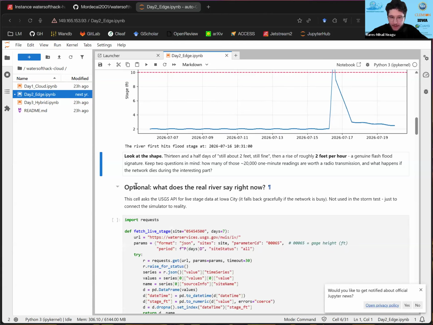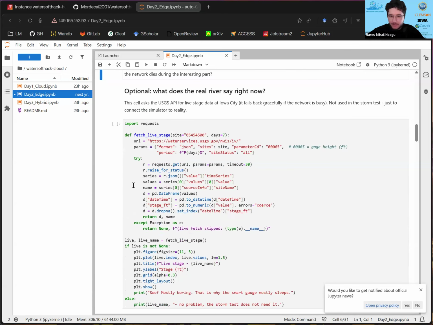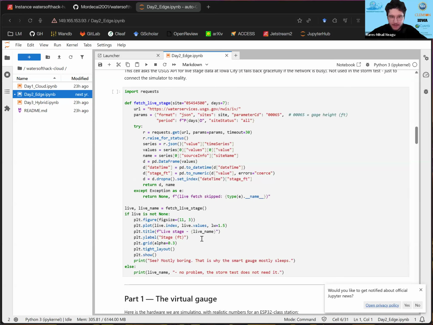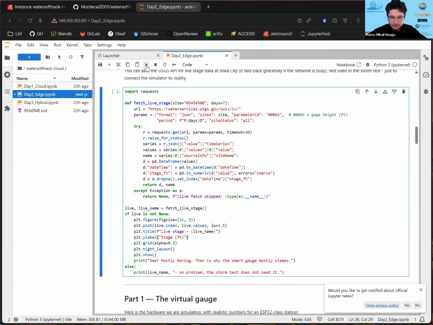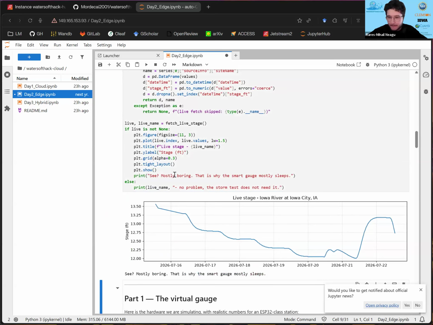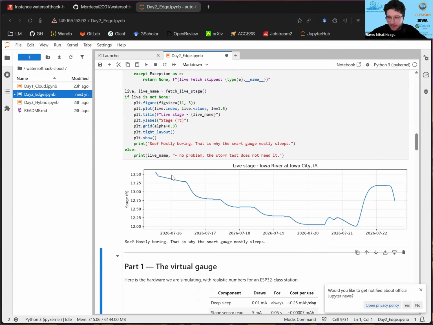All right. So now let's try to fetch again live data from the USGS API, and we're basically going to do the same thing we did yesterday. So let's see how that looks. All right. So remember yesterday, we were down here basically, and now it seems the river has spiked.